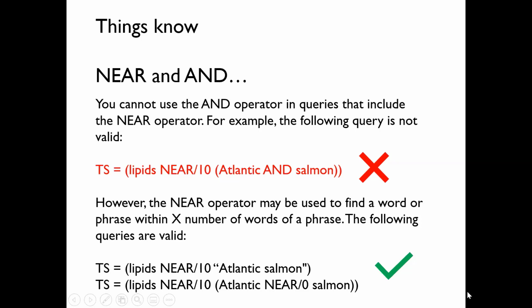It's possible that the bottom one would get you a couple more results than the top one. So you'll notice that when you do the two proximity operators with the near/0, you will want to put the one where you're making a phrase with the near/0 inside brackets so that that is done first, and then it's combined near/10 with the lipids.